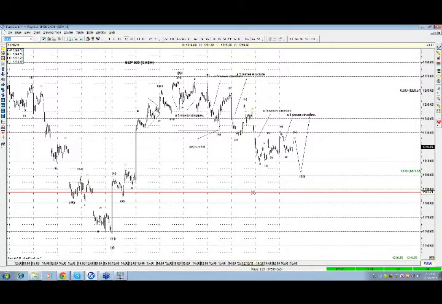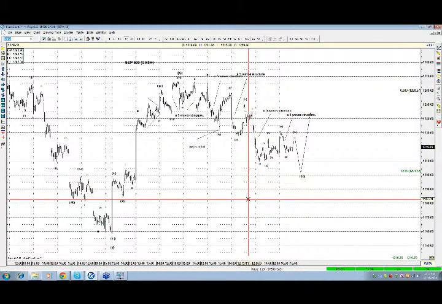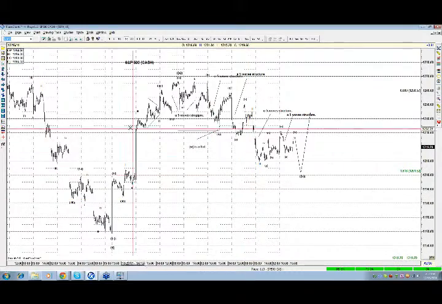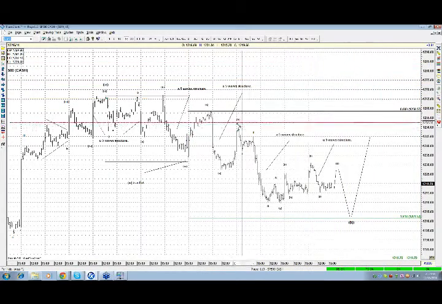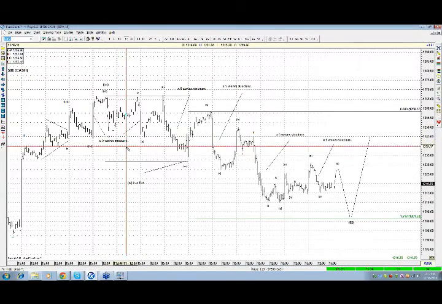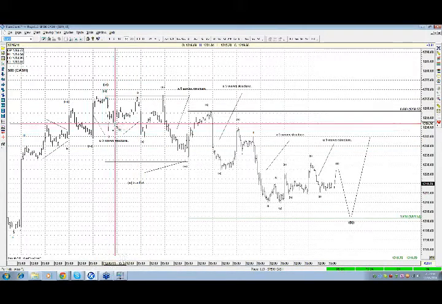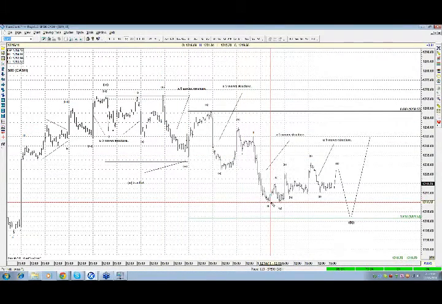Now, why do I prefer another low, another high on the dollar? It's because of this. Look how many 5 waves to the downside. You have 1, 2, 3, 4, 5. It's hard for me to believe that you're going to get that many nests.